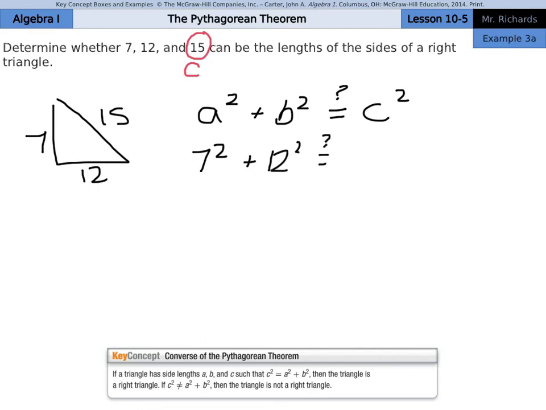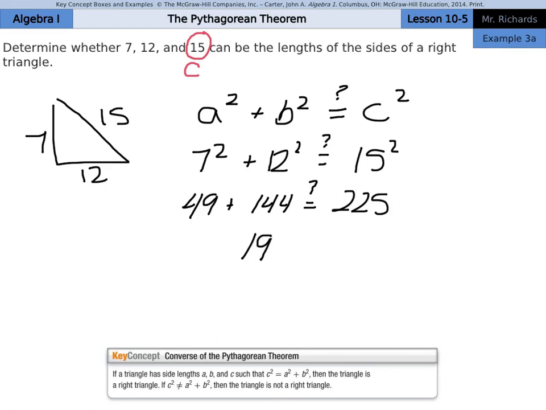Does it equal 15 squared? 7 squared is 49. 12 squared is 144. Does that add up to be 15 squared, which is 225? Well, 49 and 144 add up to be 193, which is not equal to 225, so our answer is simply no, this is not the lengths of a right triangle.